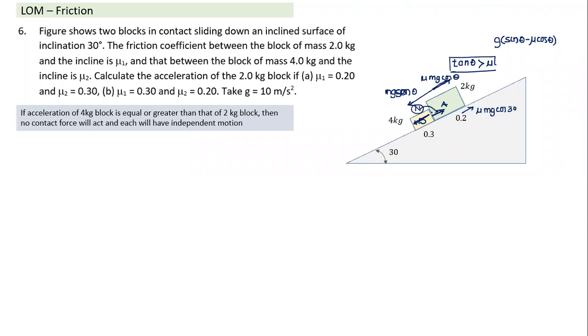Because of the contact force, will the friction force change or remain the same? It will remain the same, right, sir? Why? See, friction force depends on normal reaction. Now the contact force has started acting. Will that not change the normal reaction? But that normal reaction should be perpendicular to the plane of the incline, right?